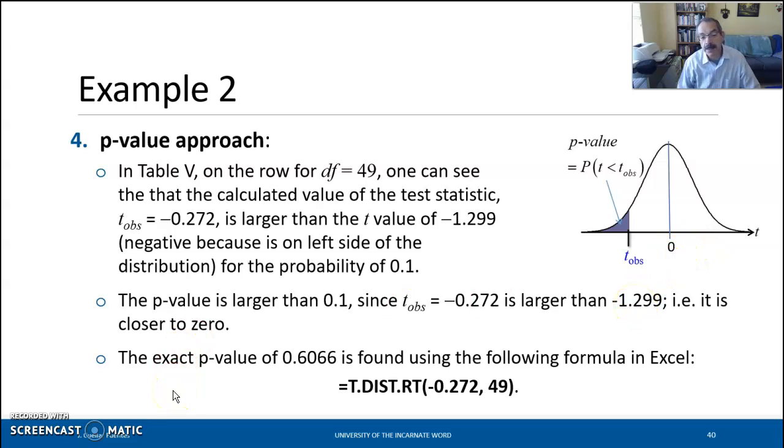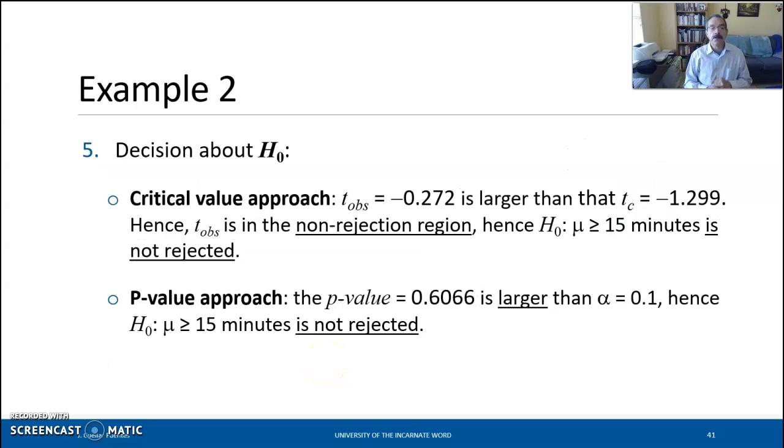Right, if you want to find the exact p-value, here's the formula, and you find that it is 0.6066. All right, so now with that information, we can look at the critical value approach, and you find that the calculated value of the test statistic is larger than the critical value.